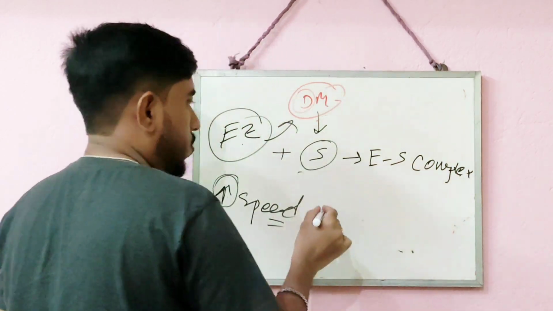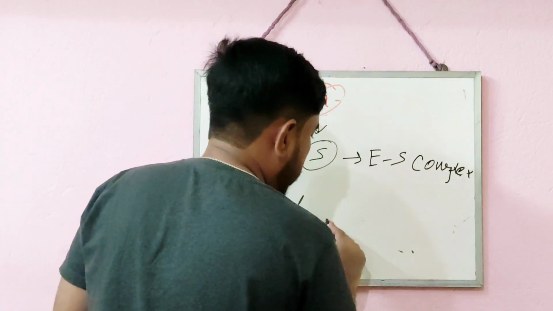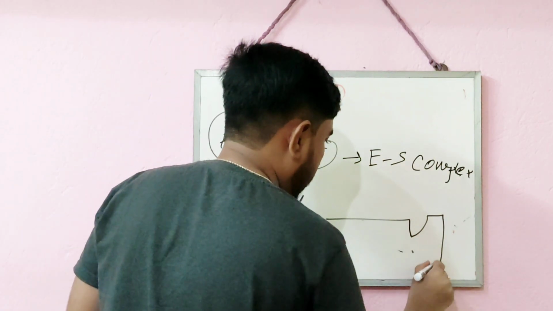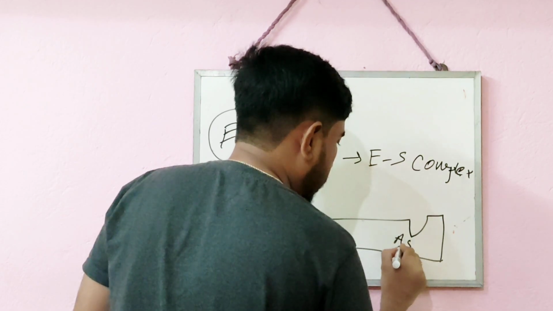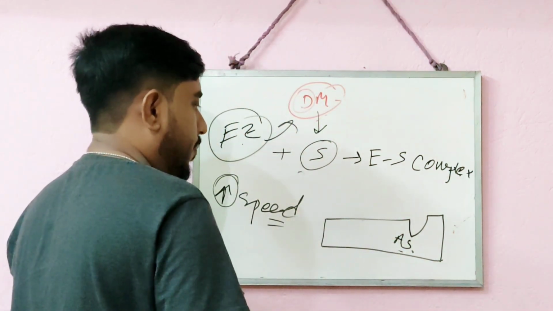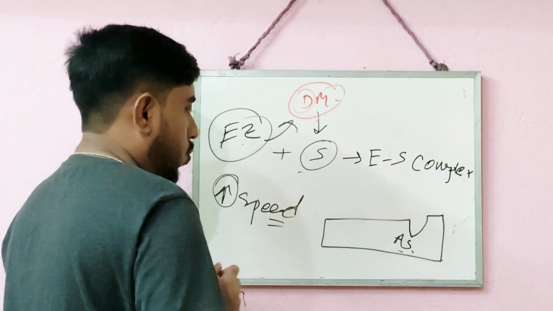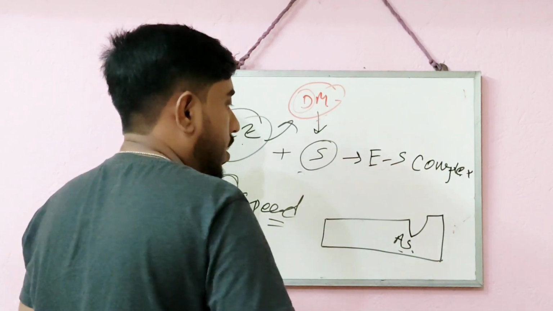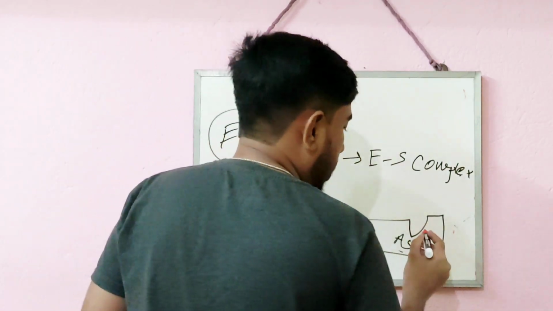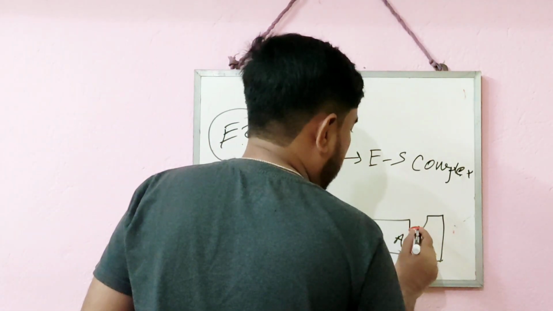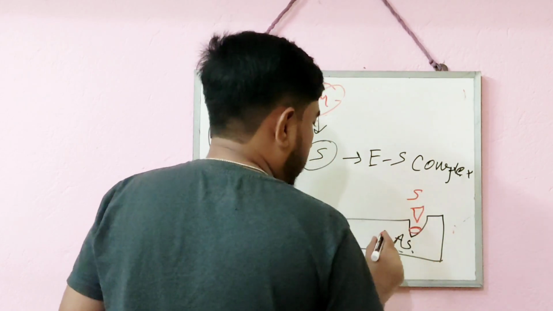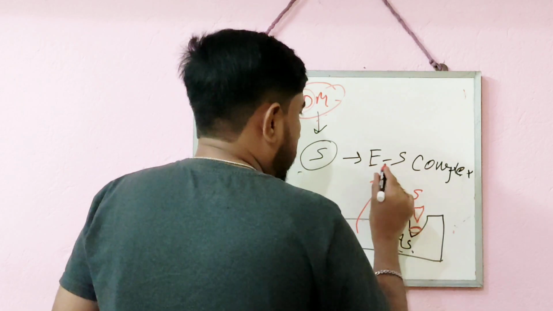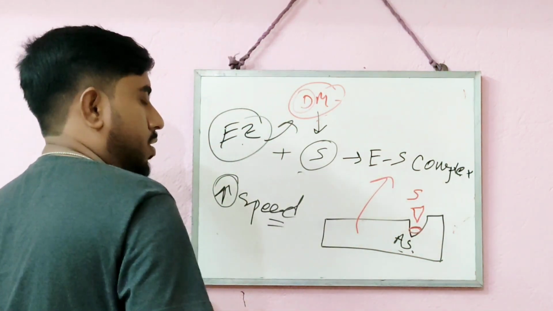How does this happen? Suppose this is one enzyme, and this is the active site of the enzyme. The substrate which has the particular size or shape matching that active site of the enzyme will bind with the enzyme, and that will form the enzyme substrate complex.